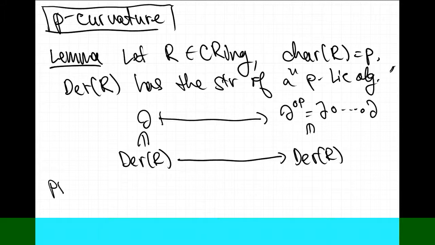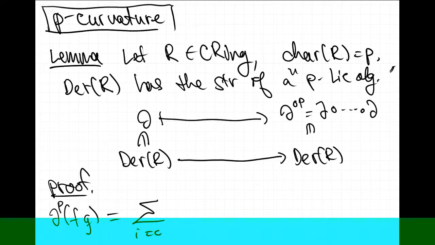Okay, and the proof of this is very simple. So what you do is you take a derivation and you apply it to two elements in the ring, let's say we do it p times here, and then we use the binomial formula to expand this.